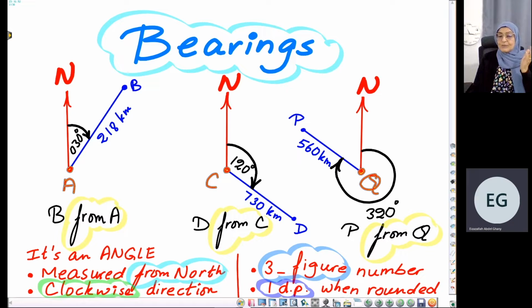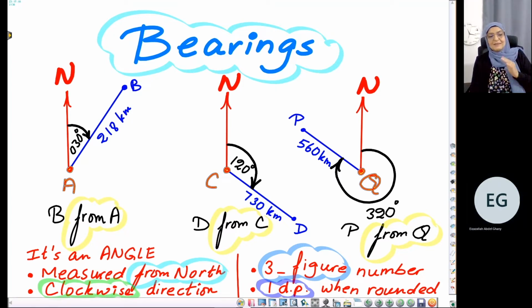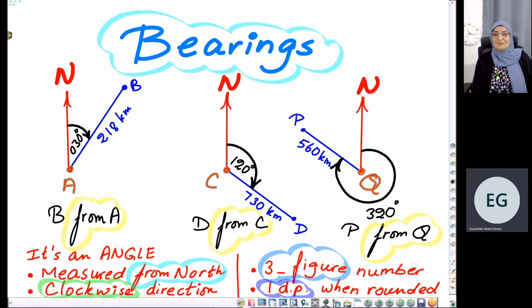For example, the bearing of B from A, north at A. So we have to concentrate on the preposition from. The preposition from and the letter that comes after it, it means there is north at this point. And you start measuring from it.